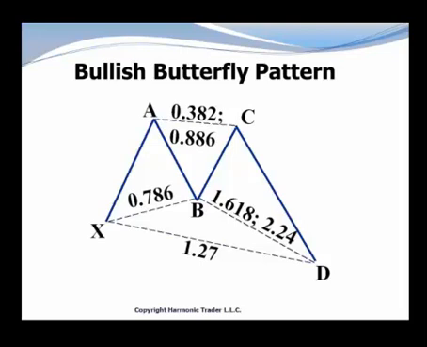Now, for the butterfly, the BC extension is usually less extreme than the crab structure and is at least a 1.618 extension. Can be as much as a 2.24, but really does not exceed or go beyond the 2.24.